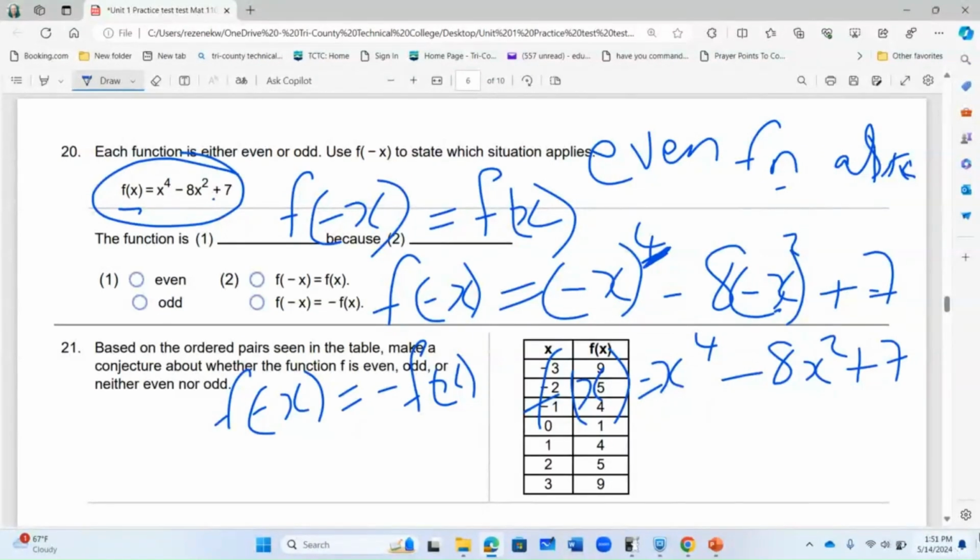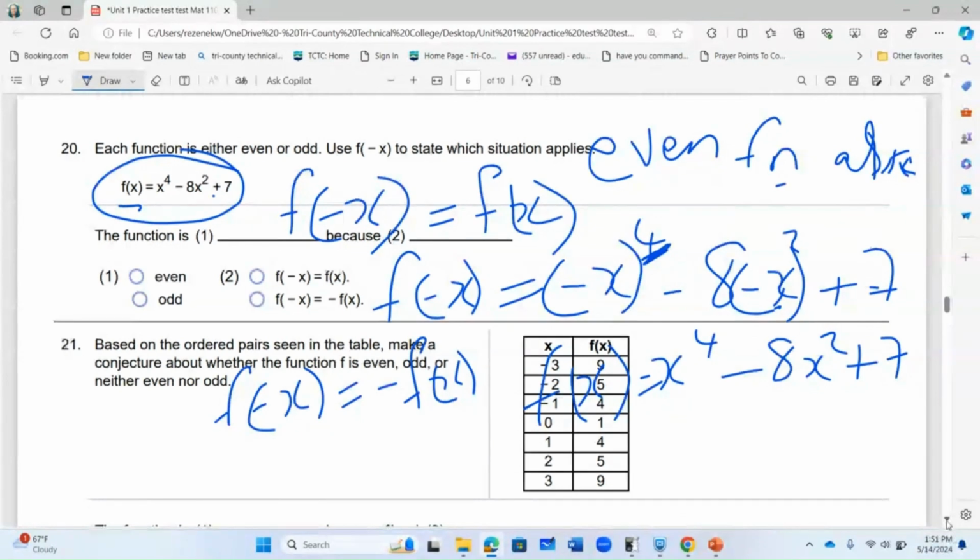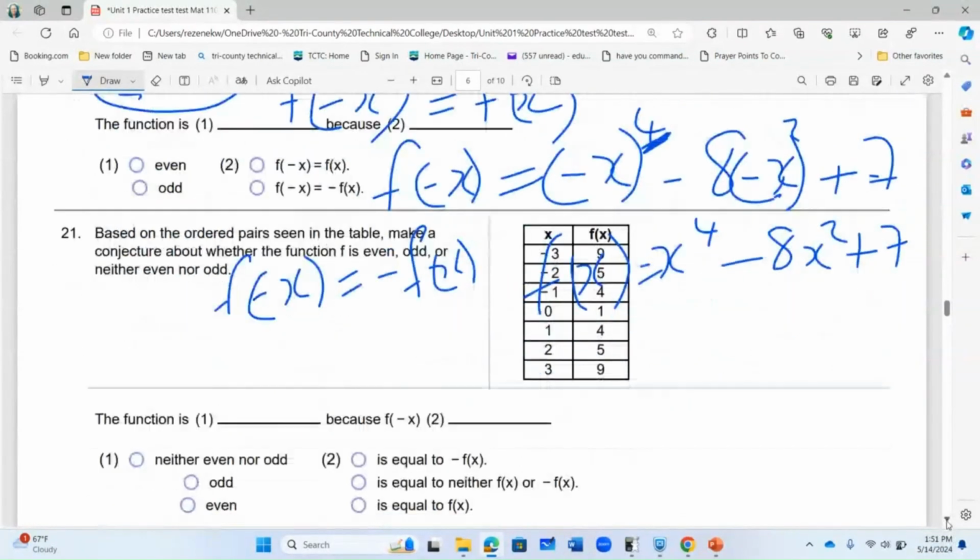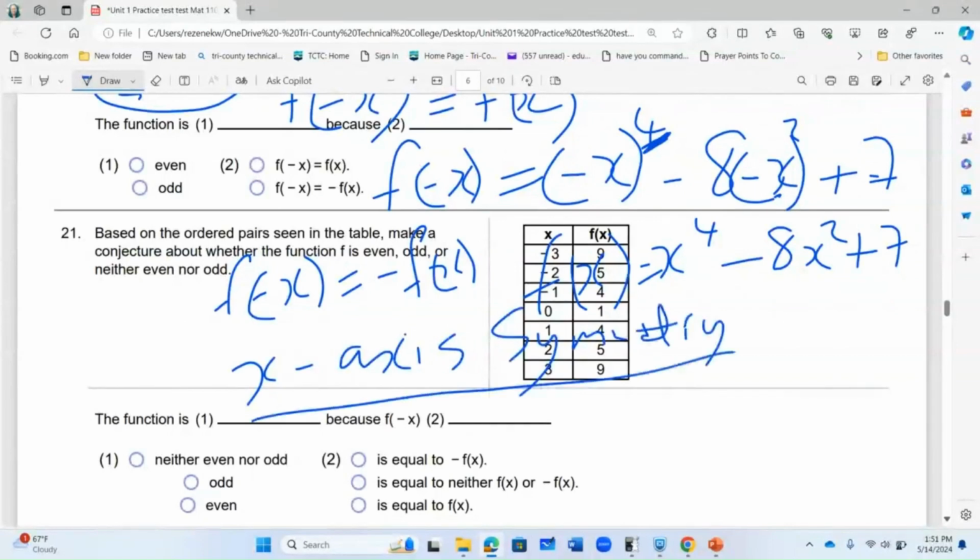Sometimes students ask, what about x-axis symmetry? X-axis symmetry is when you have y and you change the sign of y and it gives you the same as y. In other words, you are changing the value of the function.